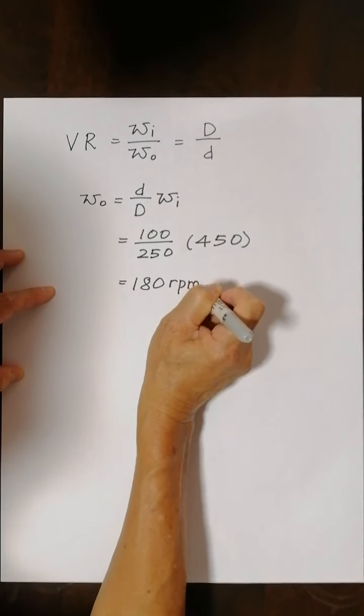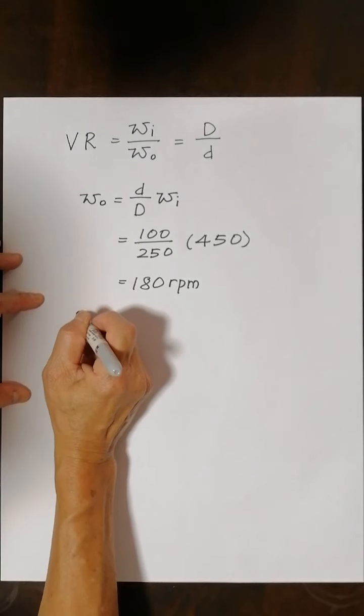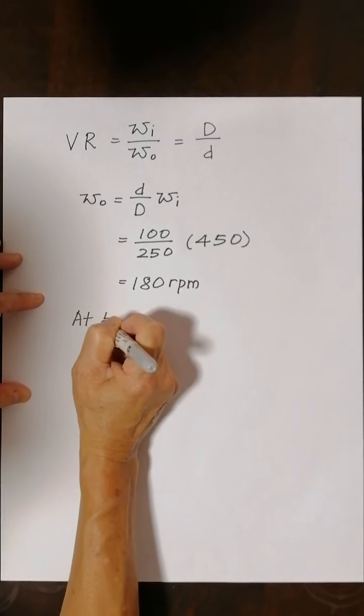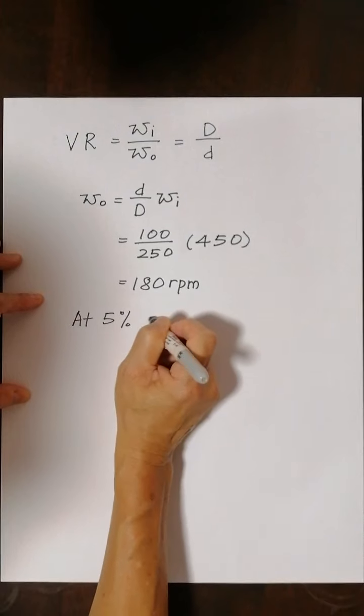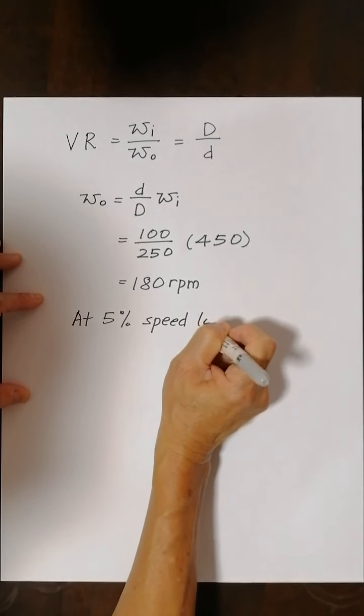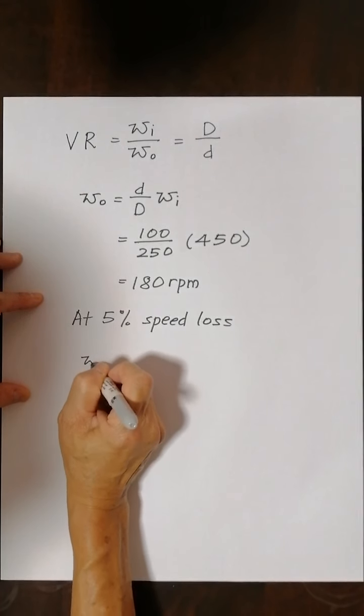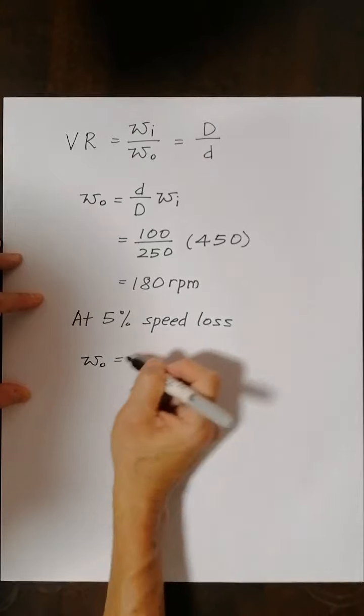Now this is the ideal condition, but the actual one, let's say at 5% speed loss, that means that there is some speed loss due to slip and creep. Then omega naught will be 5% of this.